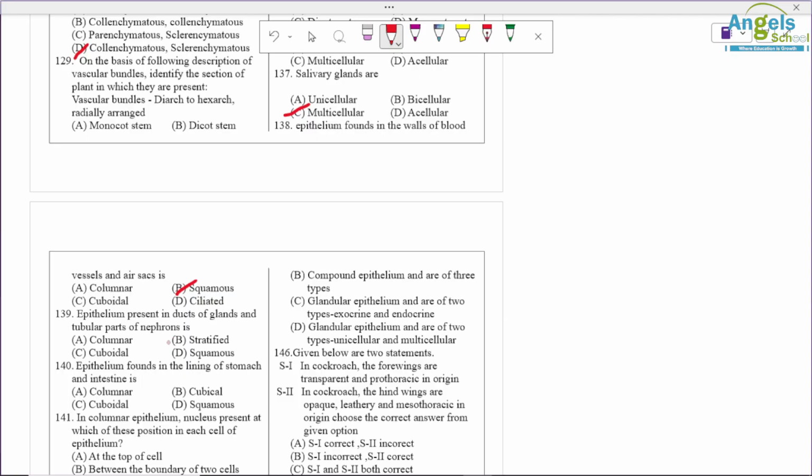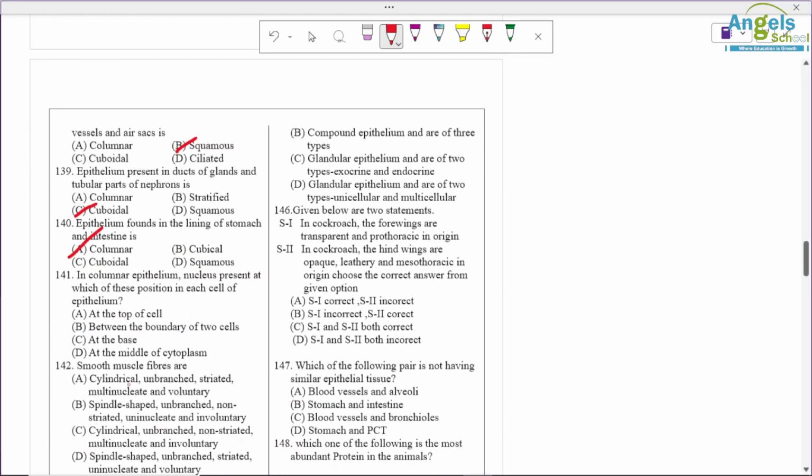So in the tubular part of nephron, cuboidal cells are present. Epithelium found in lining of stomach and intestine. So columnar epithelium is present. In columnar epithelium, nucleus is at which position of the cell? So at the base they are present.